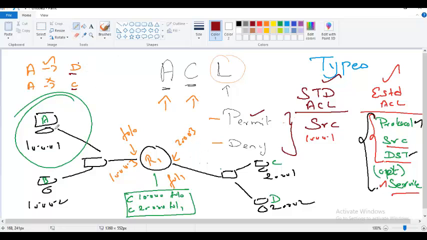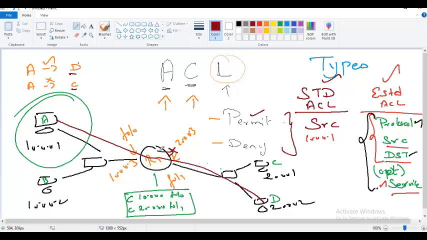So when A wants to talk to D, the router will check and allow. When the same A wants to talk to C, the router won't allow the traffic to go out. The source is the same, but when the destination differs, the policy changes.